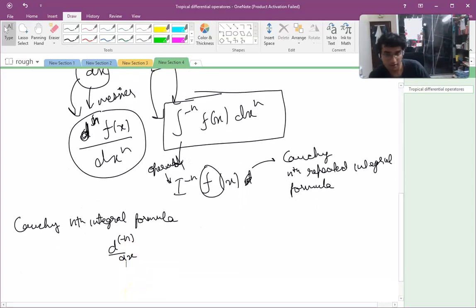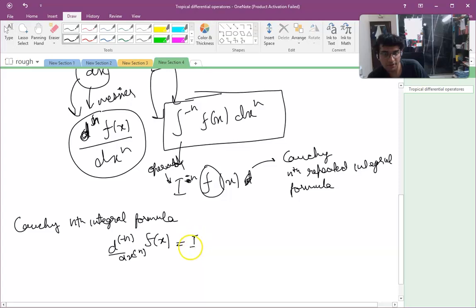It is given as d to the power minus n by dx to the power minus n of the function f(x), which is the same as I to the power of n acting on f(x). Here, instead of taking it as n, we took it as minus n.